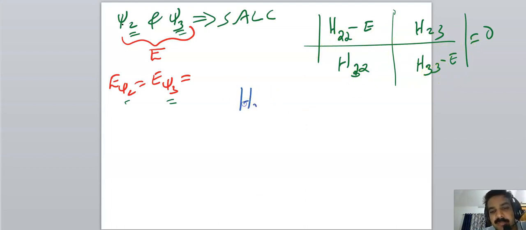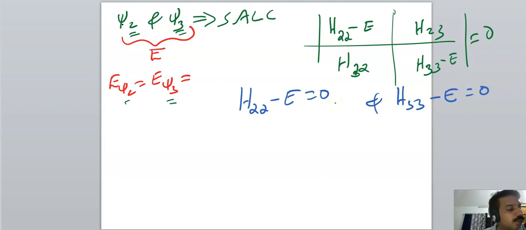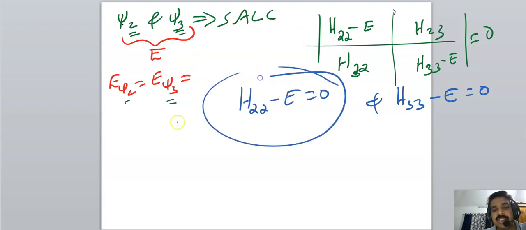Therefore, we can write H22 minus E is equal to 0 and H33 minus E is equal to 0. Okay, then psi 2 and psi 3 have the same energy. Therefore, we want to calculate only one of them because the other is the same. So we take this equation, H22 minus E is equal to 0.